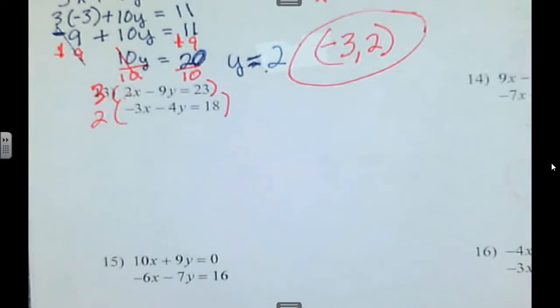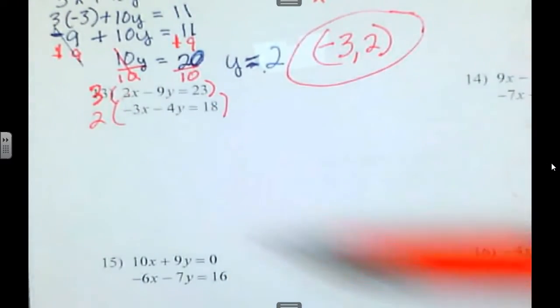You're going to end up with bigger numbers on most problems. This one doesn't matter. But you don't have to think of that extra step of what number they both go into. Just multiply one by the one coefficient and the other by the other coefficient. Make sure you have opposite signs, though.